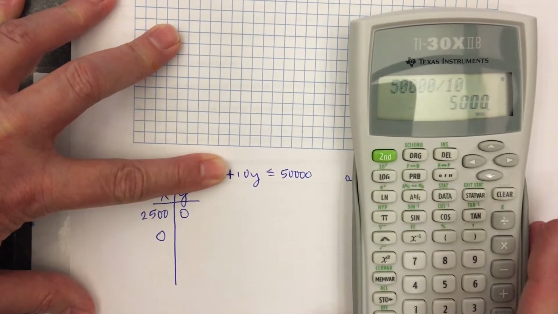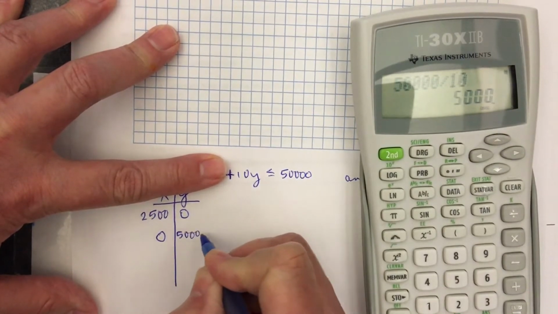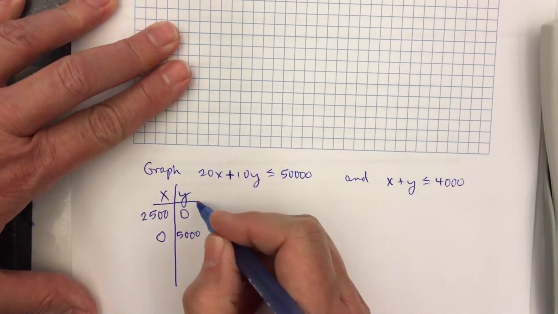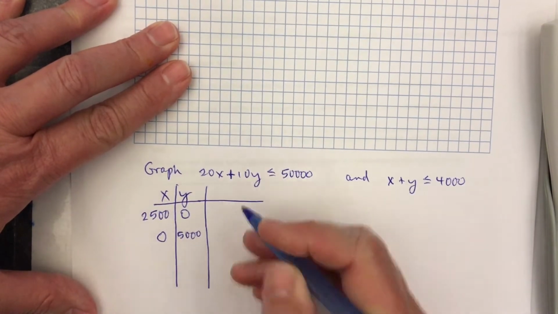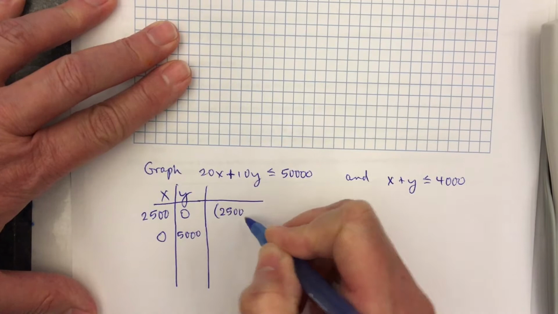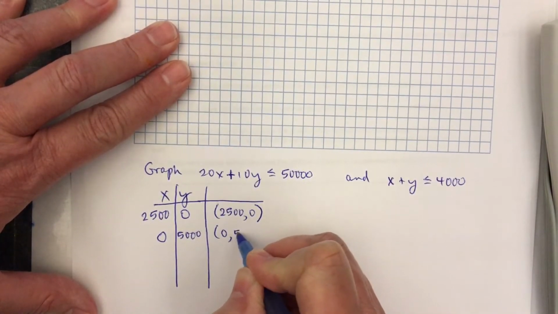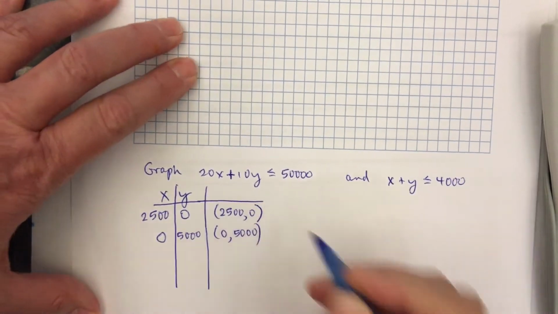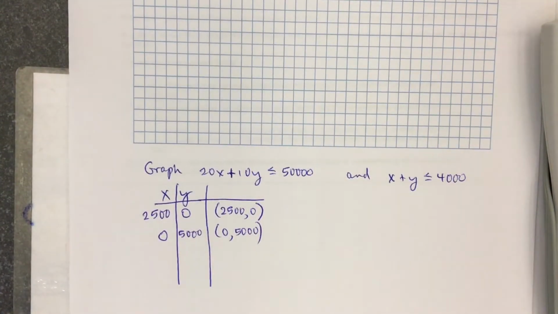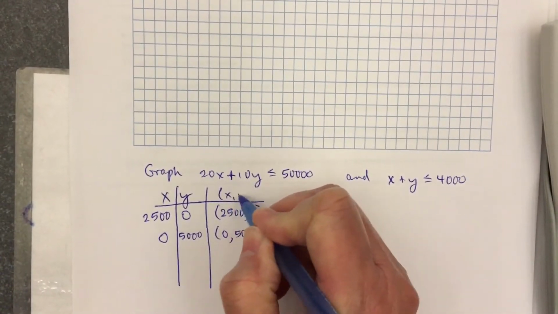Since I had 10 times y equals 50,000, I get 5,000. My two ordered pairs on the first one: 2,500, 0 and 0, 5,000.